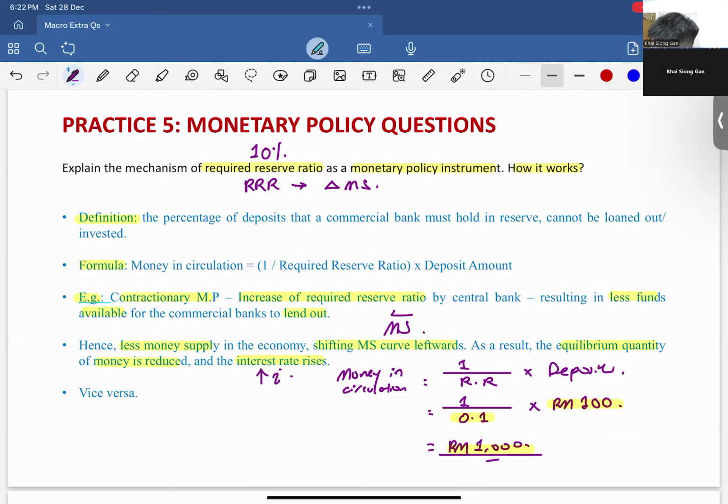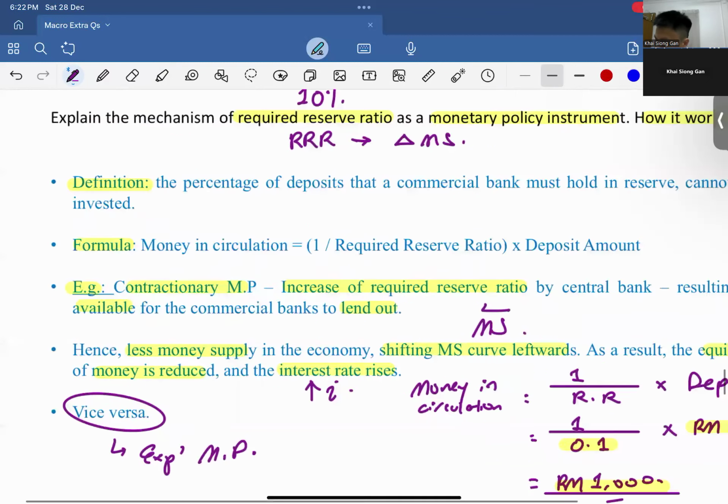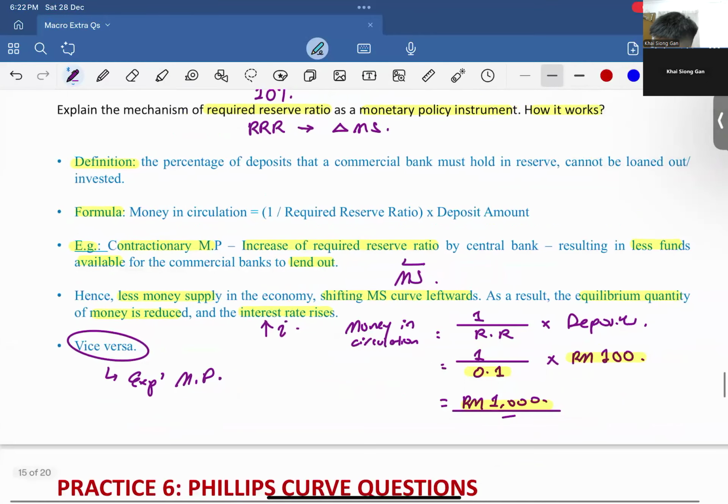Vice versa, you can answer from a different perspective. Let's say today you do not want to talk about contractionary; you can also explain from the perspective of expansionary monetary policy. On the other hand, expansionary means the central bank will reduce the cash reserve ratio, while in contractionary they increase it.